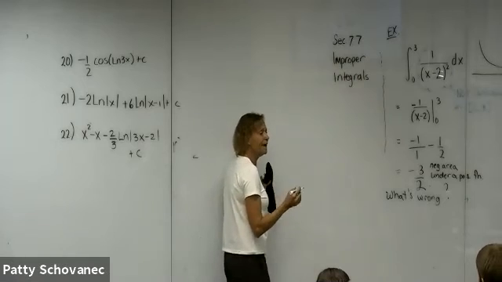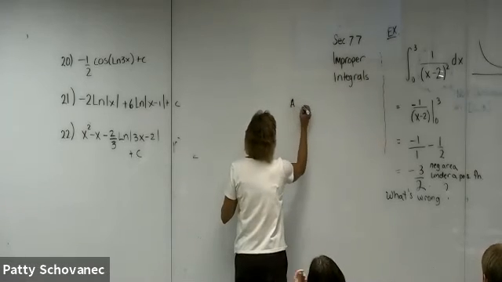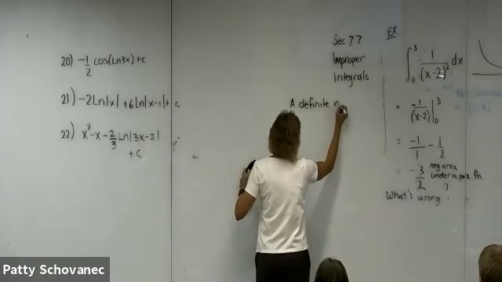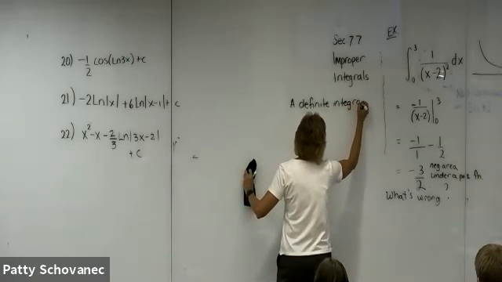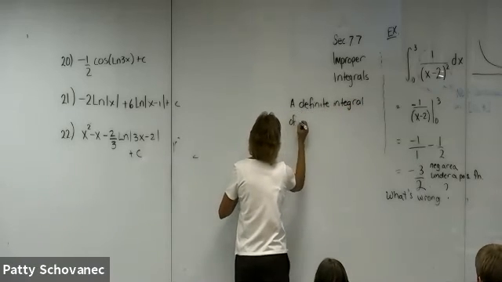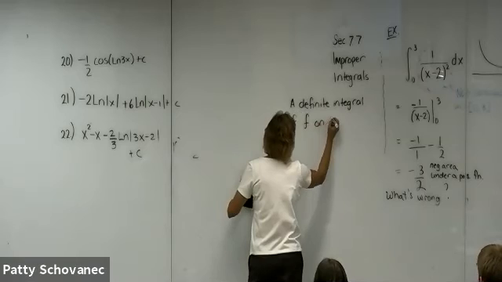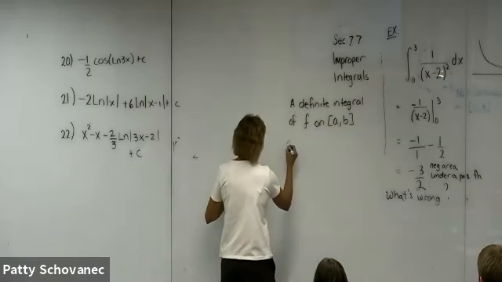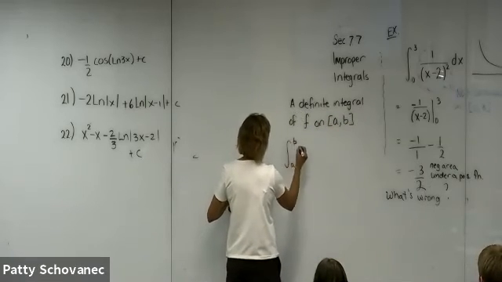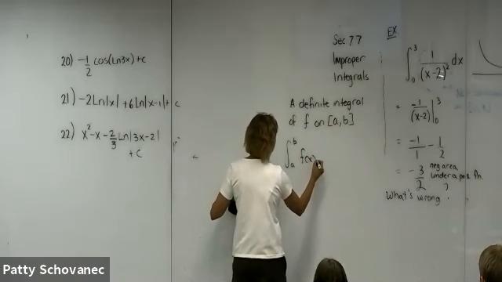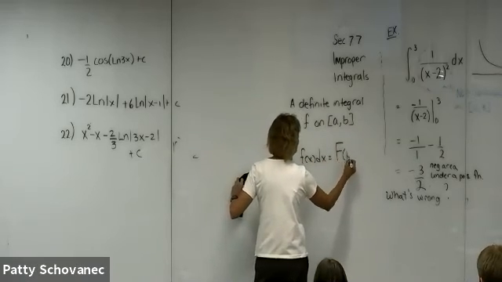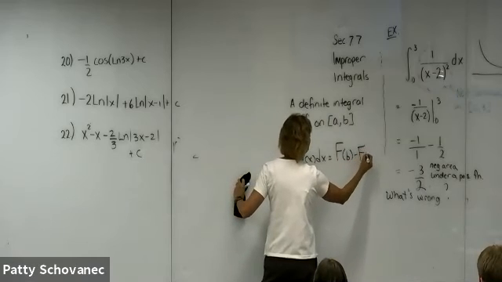When we define a definite integral of f on the closed interval from a to b, we wrote it like this. And we got its antiderivative and evaluated at b and then evaluated at a.